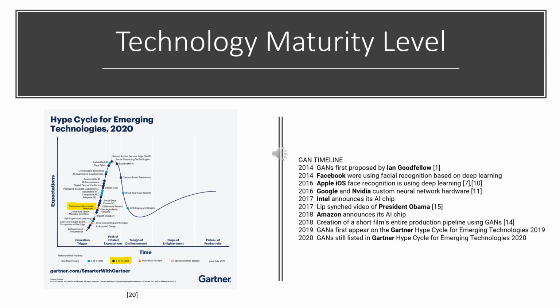So in terms of technology maturity levels, GANs are still pretty new, as they were only first proposed in 2014 by Ian Goodfellow as a method of addressing issues with similar networks.